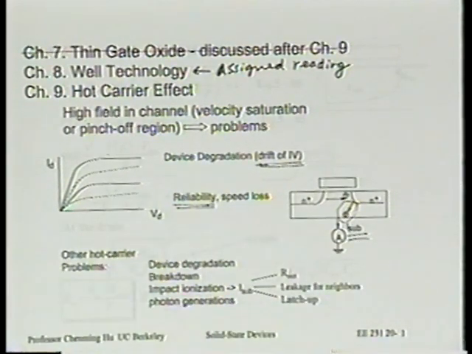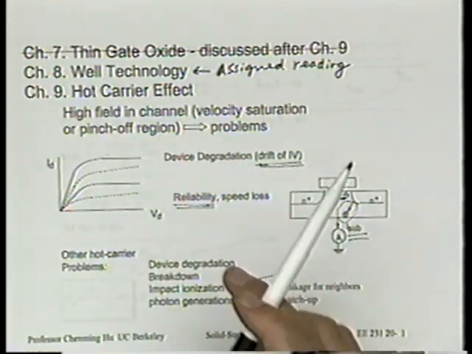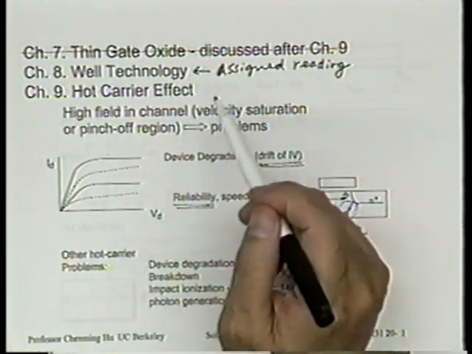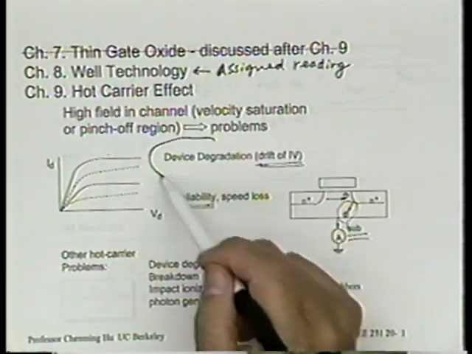So this is the introduction, what's meant by hot carrier effect or high field effect. In a broad sense, you can use the term hot carrier effect to describe all these things. But in reality, when you hear people say hot carrier effect, you should assume that the term simply refers to device degradation.